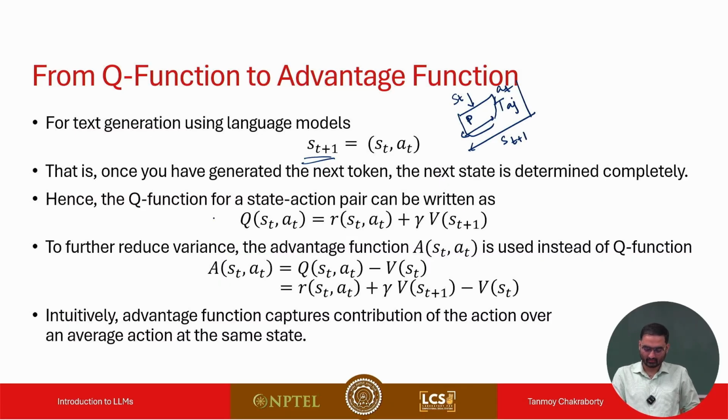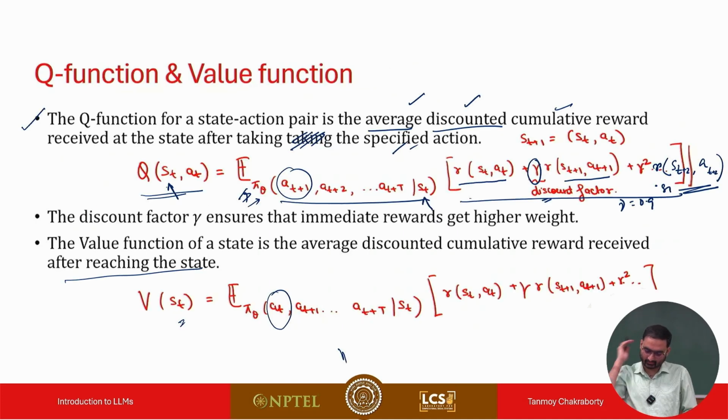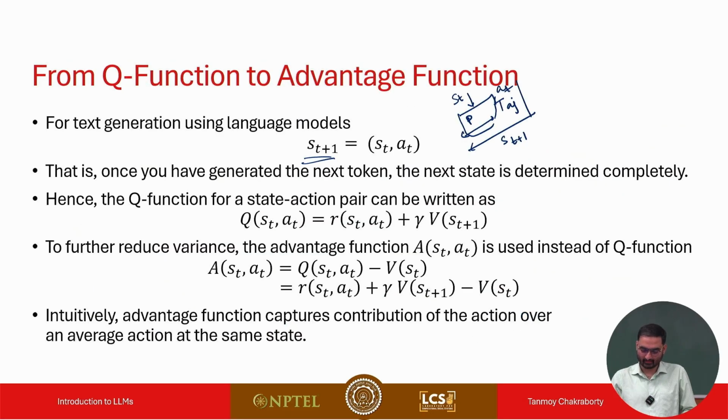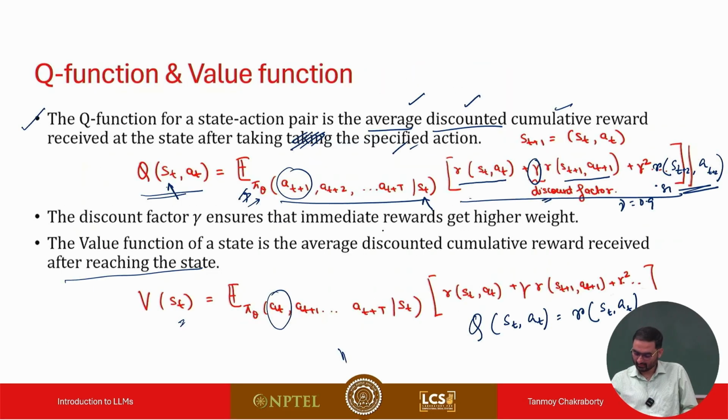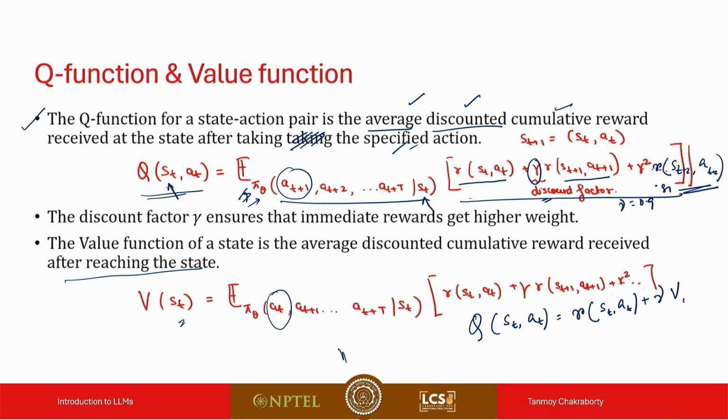If you look at these two equations carefully, the reward at t, and sorry, this should be t plus 1.